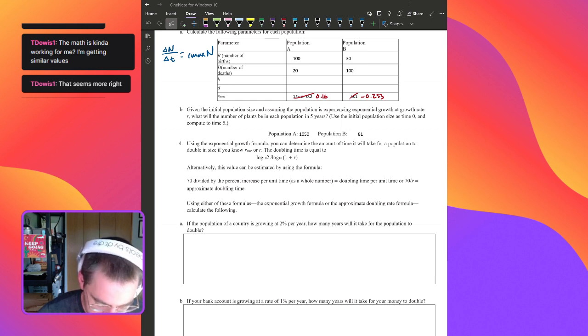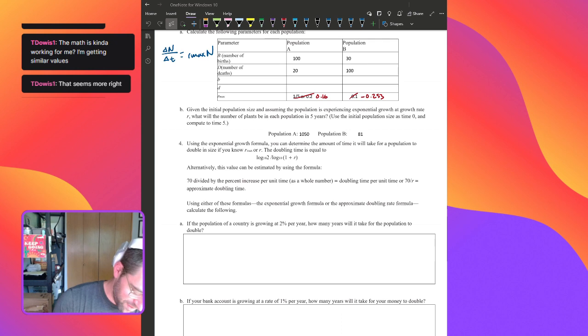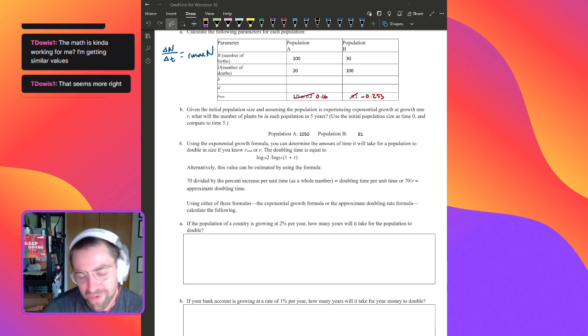All right, 580 plus that sum. There's 3 years. After 3 years would be 672.8. These are not whole numbers, but that's fine. So after 4 years, this is definitely the worst way in the world to do it, but we're going to get there. Times 0.16, cool. Plus 672.8, cool.